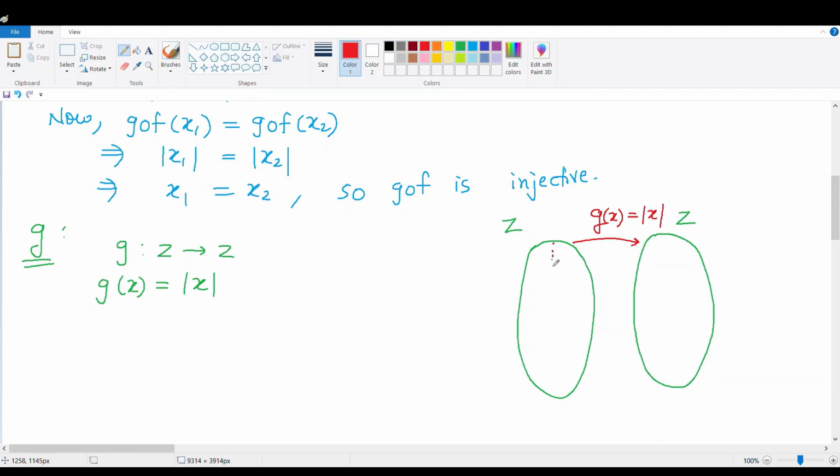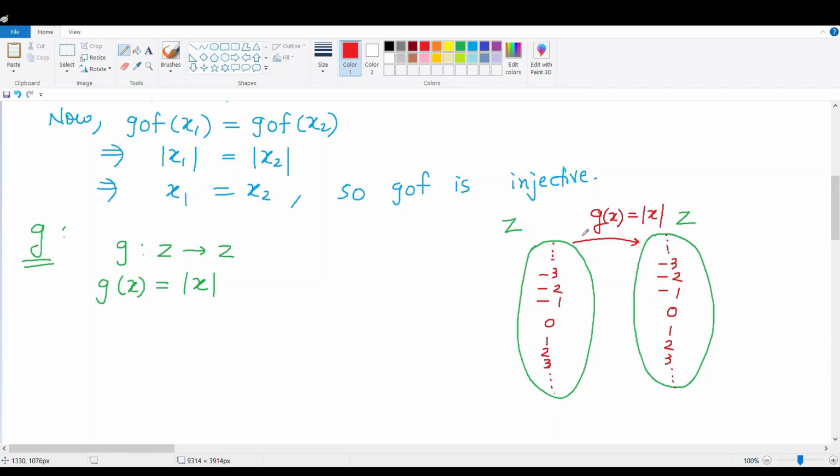In this integer set you have infinitely many values, from negative infinity to negative 3, negative 2, negative 1, 0, 1, 2, 3, and again going on to positive infinity.